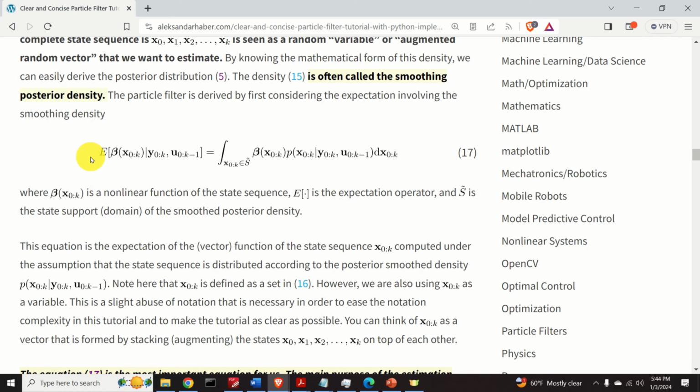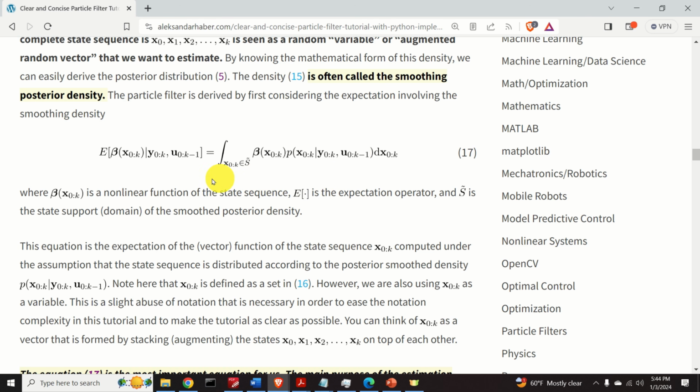This equation represents the expectation of the vector function beta of the state sequence x0 until k computed under the assumption that the state sequence is distributed according to the posterior smoothed density denoted like this.